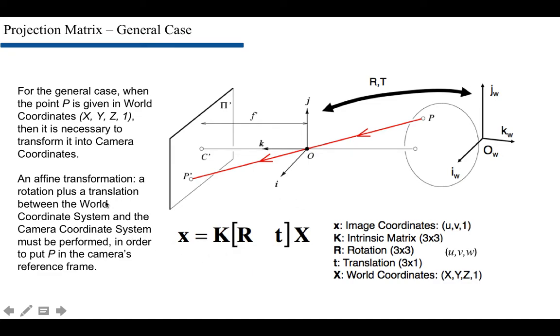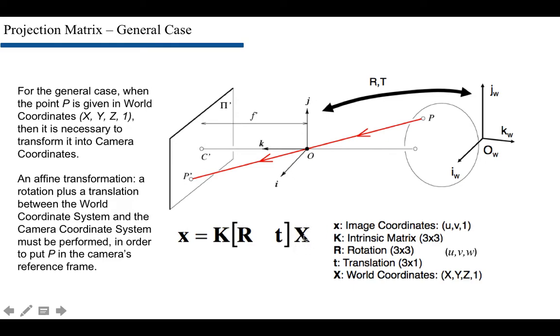So, as I said before, an affine transformation consisting of a rotation plus a translation between the world coordinate system and the camera coordinate system must be performed in order to put the point P in the camera reference frame, not in the world reference frame. And we can build a matrix composed directly from the rotation matrix and translation matrix. We will describe it later.